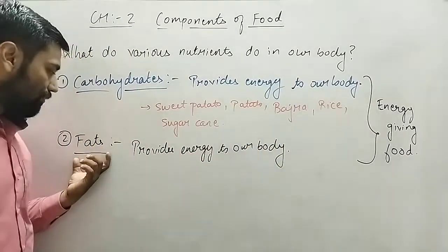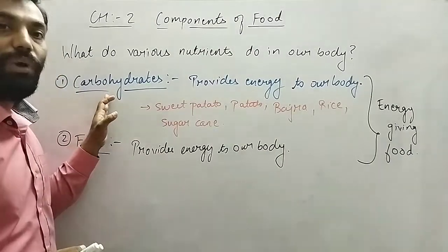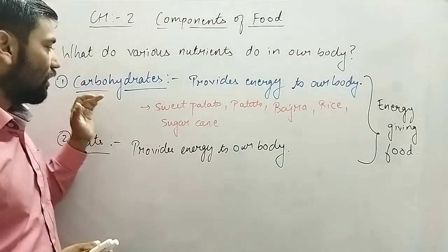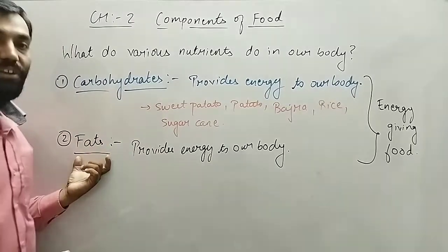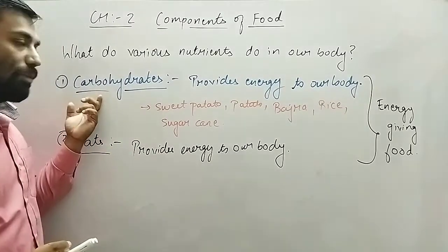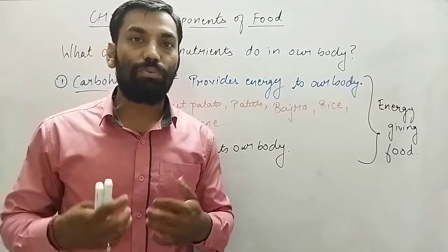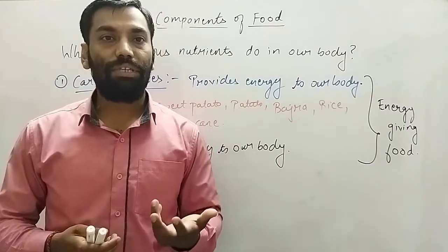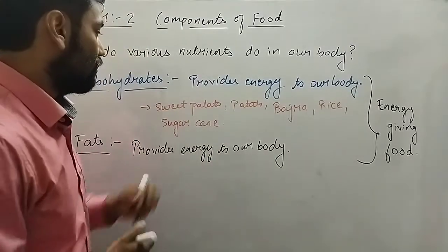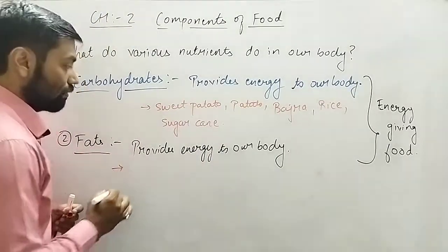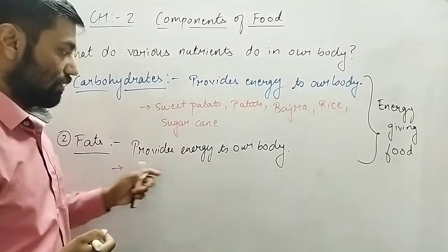The speciality of fats is that an equal amount of fat will provide much more energy as compared to carbohydrate. But carbohydrate provides instant energy. Instant means quick energy: as you consume the food, you get energy in a very short time as compared to fats. Now let us see from which foods we get fats.